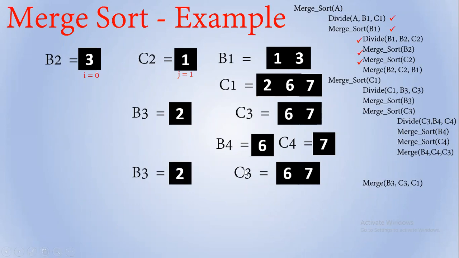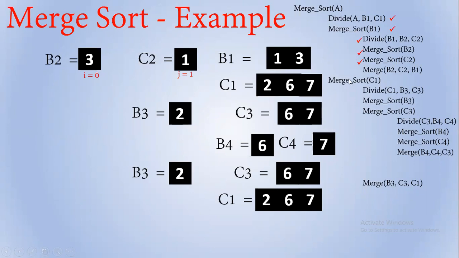So how to merge? Again, I is equal to 0 and J will be equal to 0 here. So when these two are compared, 2 will be added here. Then this is over. Then 6 and 7 will be appended at the end, as we discussed last week. So now this merge sort C1 has also finished. Merge sort B1 is also finished.